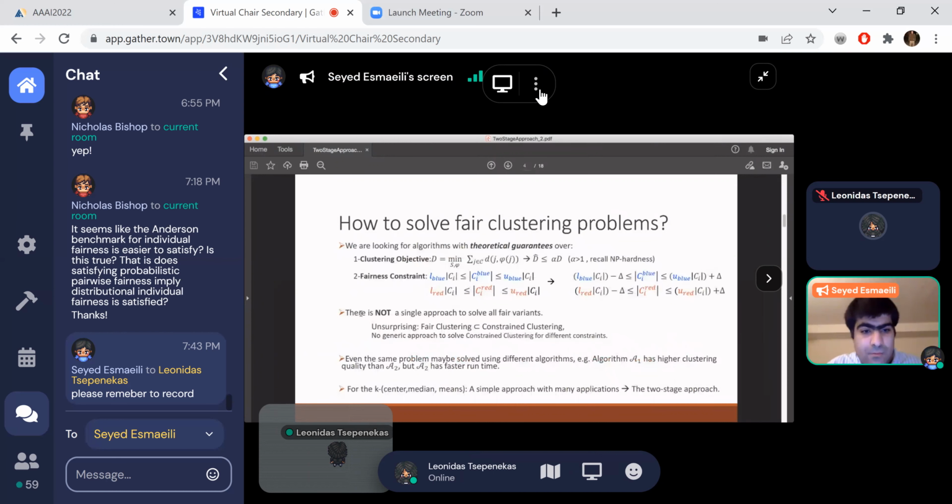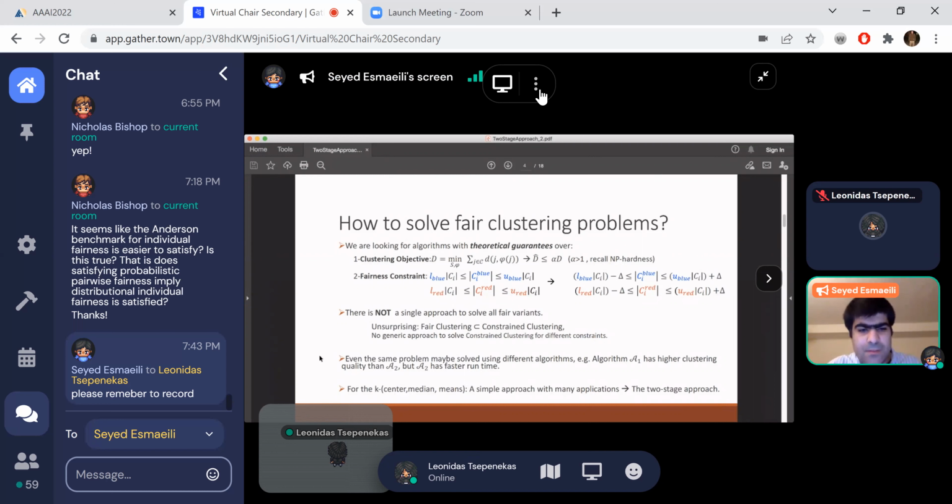Okay, so there isn't a single approach to solve all fair variants, and that is not surprising because, as we said, fair clustering is really mostly constrained clustering, and constrained clustering has been introduced and studied before fair clustering, and there isn't really just one generic approach to solve all constrained clustering variants.